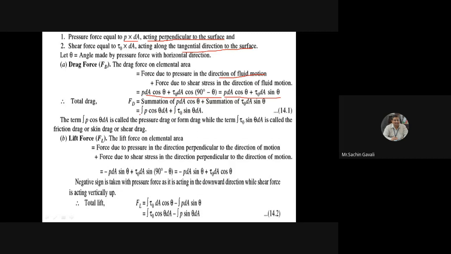Remember that this is the area integral; we take the integration over the entire area. So these represent the total drag force on the entire area. I think everybody might have understood, and here everything is on the screen.